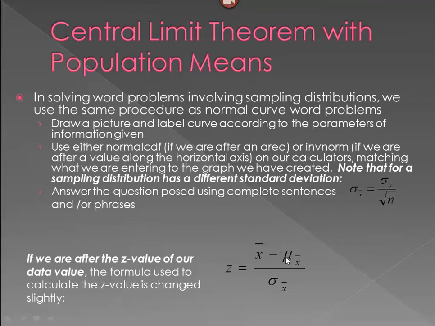We subtract the mean of the sampling distribution, which is actually equal to the mean of the population, and divide by, here's the big change, sigma sub x bar, which we know is different. Remember sigma sub x bar: we take the original standard deviation of the population and divide it by the square root of n.